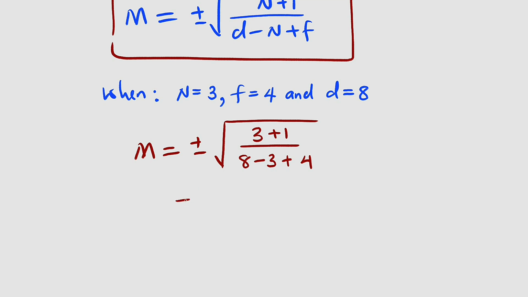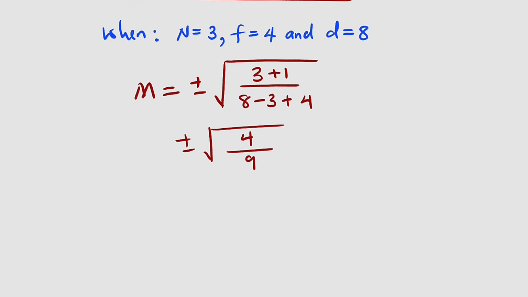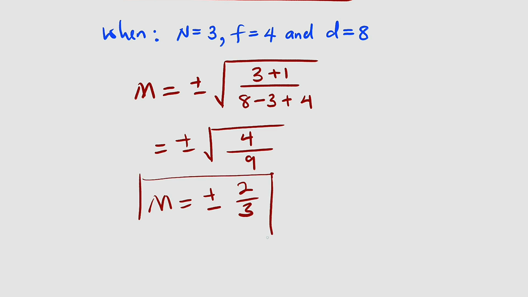This is equal to plus or minus the square root of, to the top we have 4, to the bottom we have 8 minus 3 plus 4, which is equal to 9. Finally, m is equal to plus or minus 2 divided by 3, because the square root of 4 is 2 and the square root of 9 is 3. And this is all about the A part.